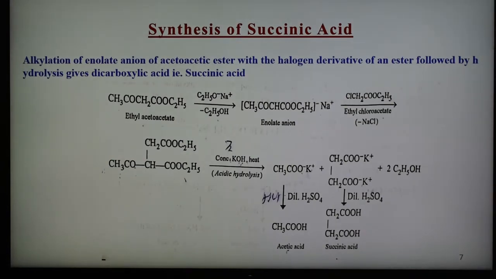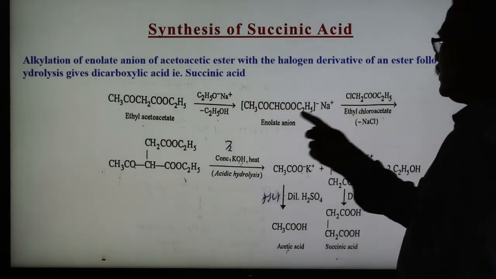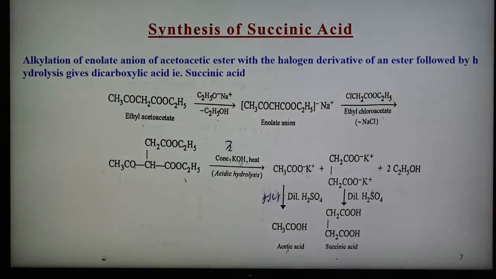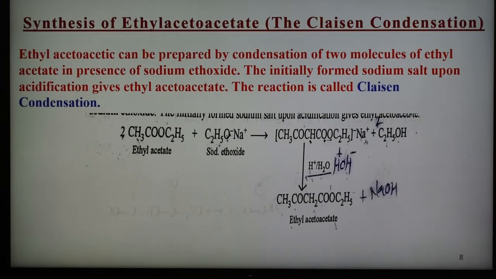as succinic acid. Again here we have used 3 steps, one is the enolate anion formation, then the alkylation stage, and then hydrolysis, acid hydrolysis, and we get the dicarboxylic acid, succinic acid. Now, these 2 important compounds are there, that is the malonic ester and acetoacetic ester.